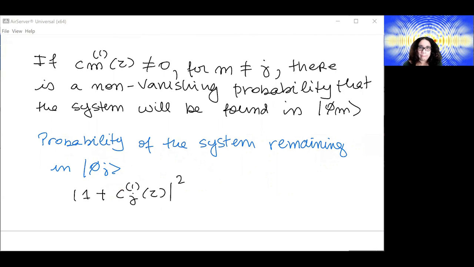You don't know. Or you could even have 1 minus the probability that it got excited. So if the perturbation is weak, we expect that this is going to be very close to 1. It's going to be probably smaller than 1, but it's going to be quite close to 1. And we are dealing here with a perturbation.